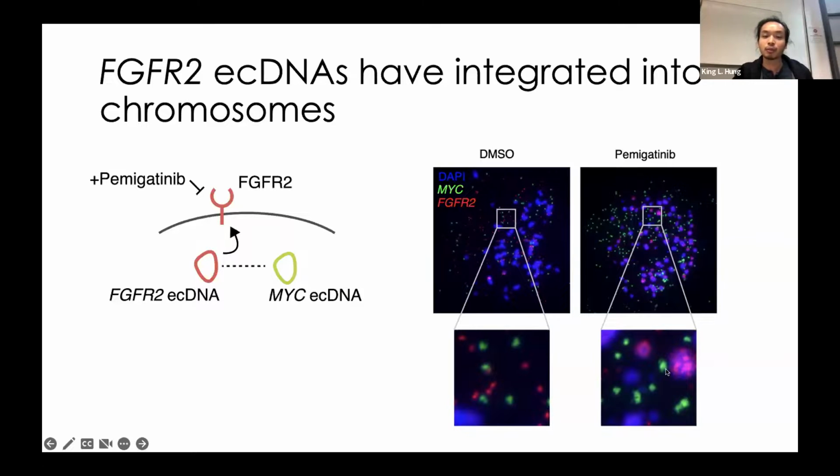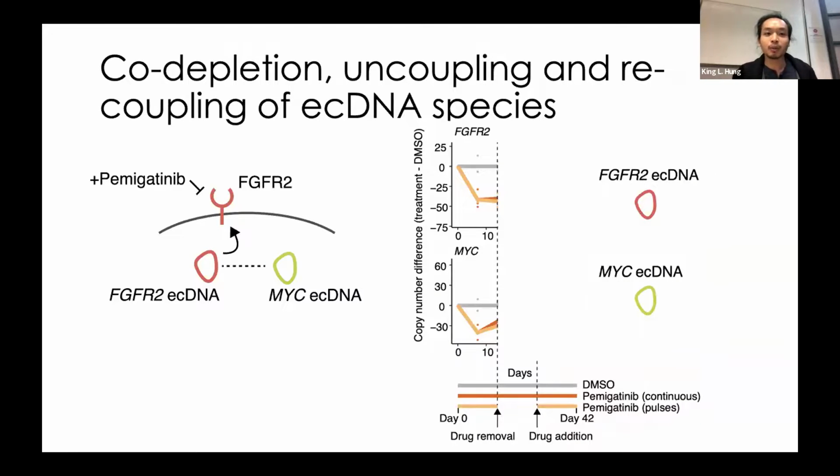So we found a lot of chromosomal copies of FGFR2 where MYC ecDNAs remain extrachromosomal. So this suggests that one mechanism for uncoupling two different ecDNA species might be to put one ecDNA species in chromosomes.